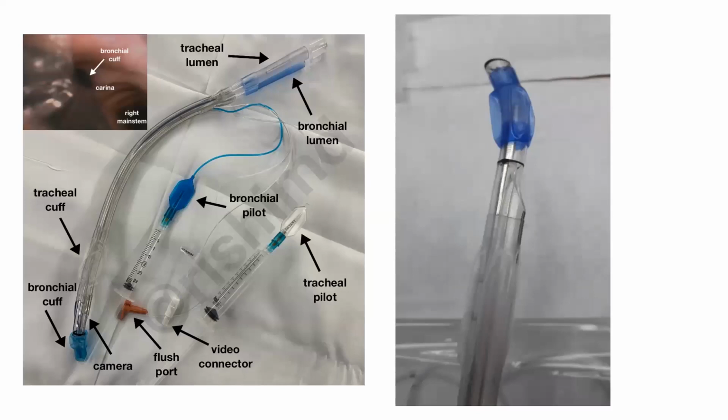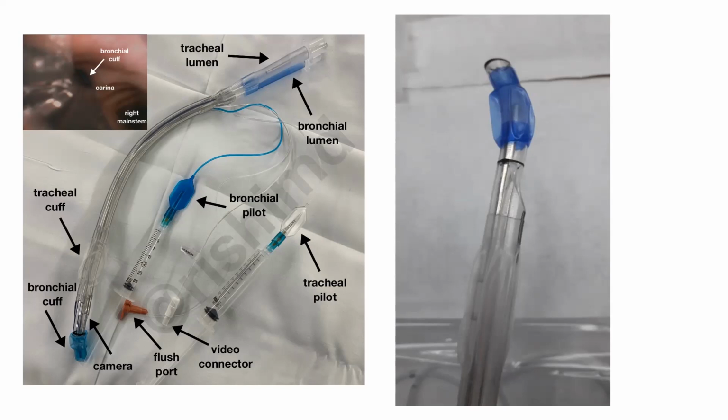Okay, we can look at this. This is a left double lumen tube. We can see there are two lumens, one tracheal lumen and one bronchial lumen, and two pilot cuffs. One is for the bronchial cuff, one is for the tracheal cuff. We can also see there are two curvatures, one endobronchial curvature and one tracheal curvature.